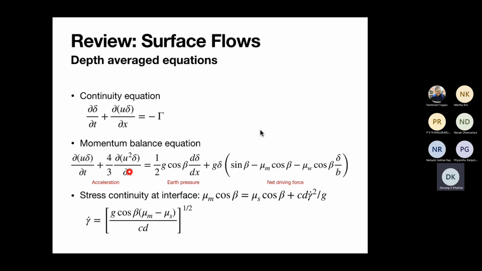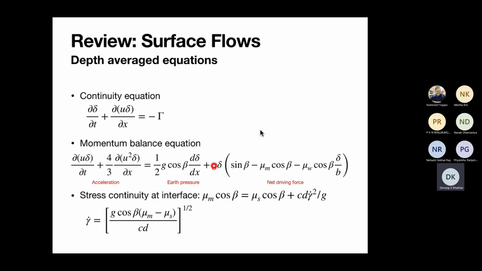And then the momentum balance equation is simply given by this. Del by del t of u delta is equal to 4 by 3 u squared delta by dx. Then this is the earth pressure term that comes from del sigma xx by del x. And then this is g delta sine beta.